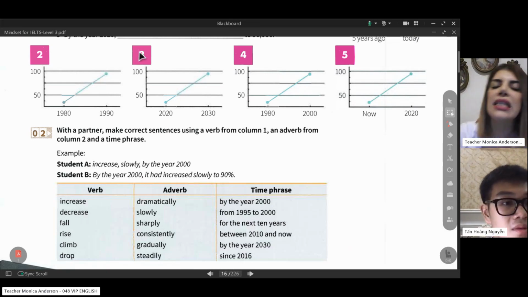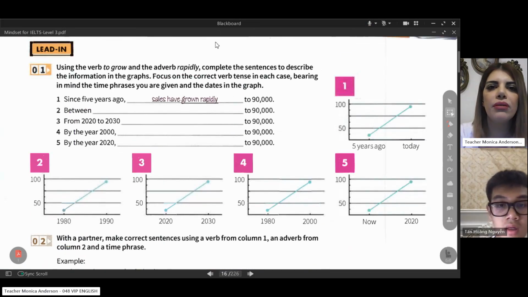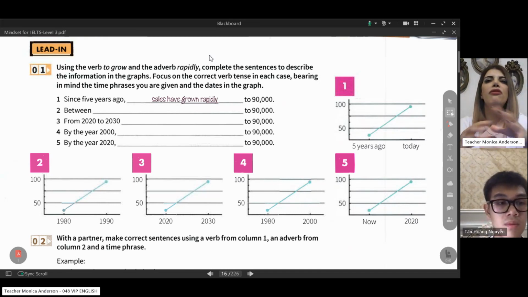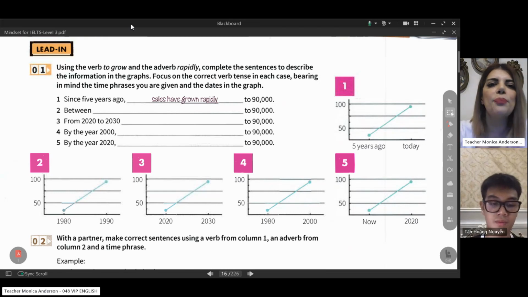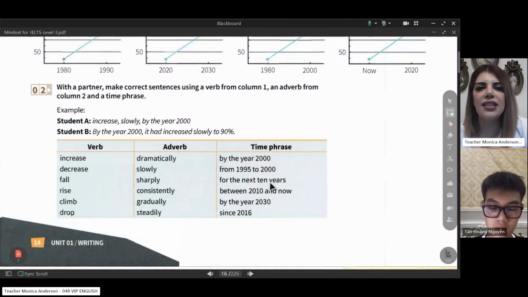What is the pattern? It's something like a structure, a form. Now there are verbs, adverbs, and time phrases.